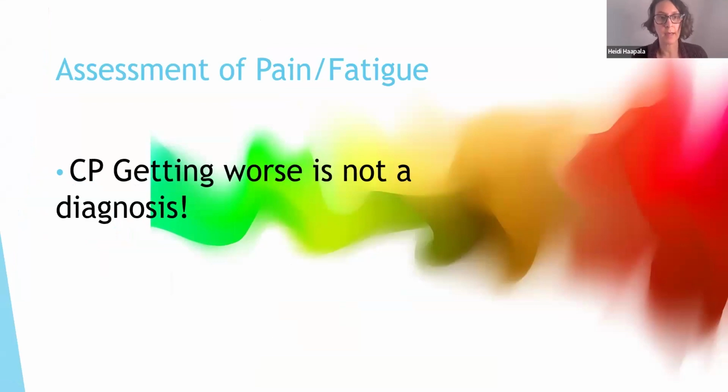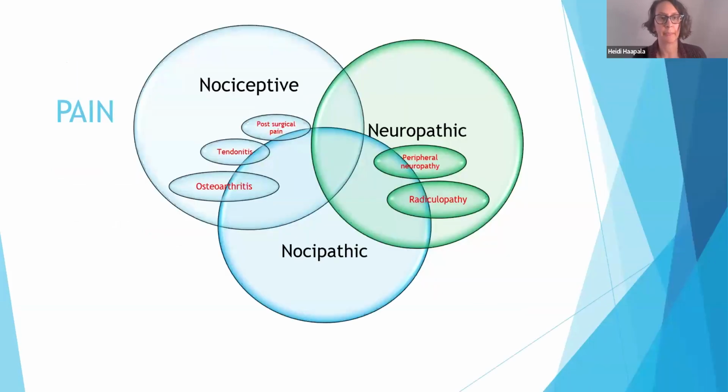So some things can present with worsening over time, but it's still usually caused by something. That's an important thing to think about, and I just want to point that out. There could be some other muscle problem, joint problem, arthritis going on that is making people have more difficulty with pain or function.